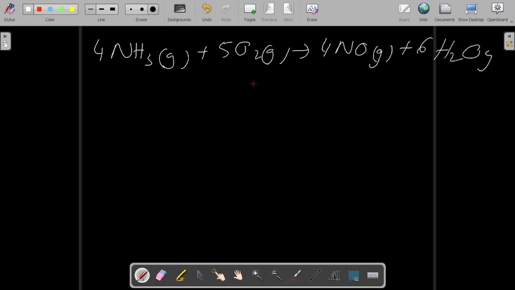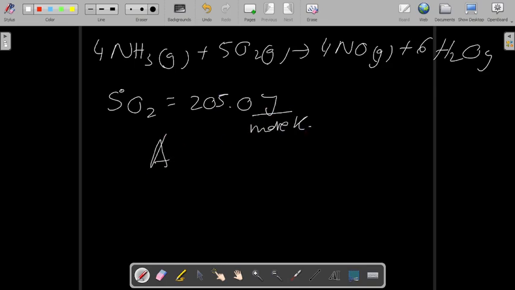And it says if the standard absolute entropy of oxygen is 205.0 joules per mole Kelvin, what is the change of entropy for this reaction? Remember what that was?